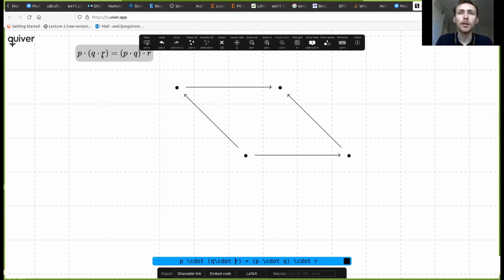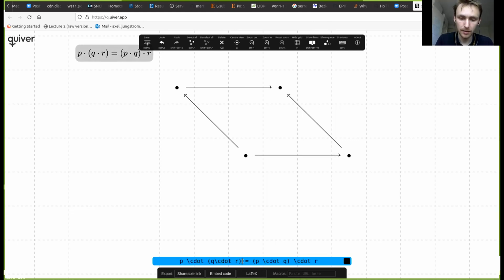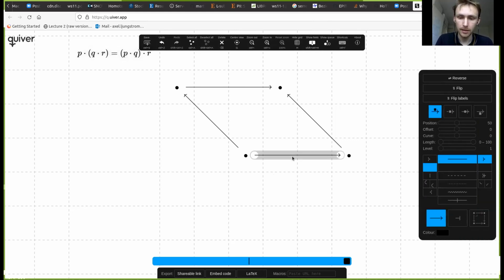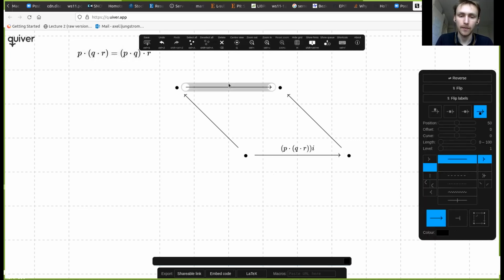So to show that two paths are equal, that's the same thing as saying that we have a cube here, where on the bottom side we have a filler of a square, with this path on the bottom side, and on the top side we have this path here.